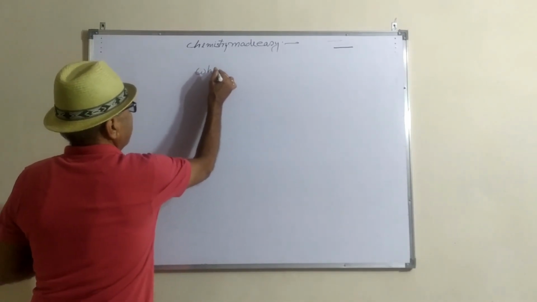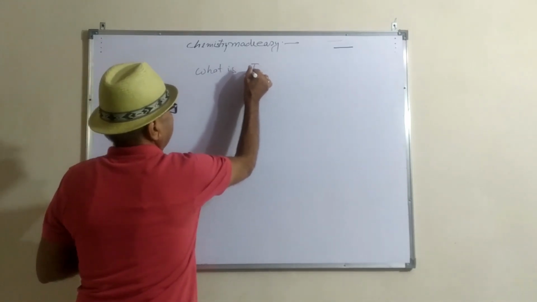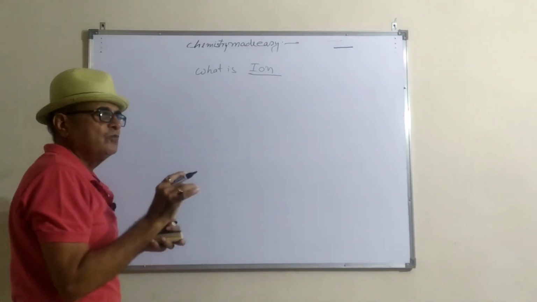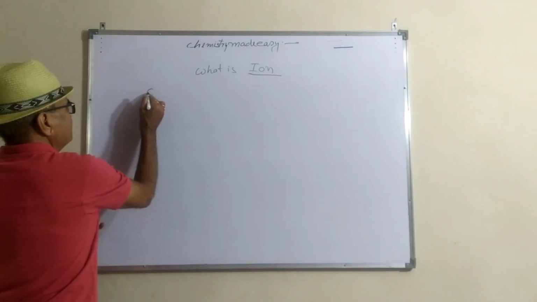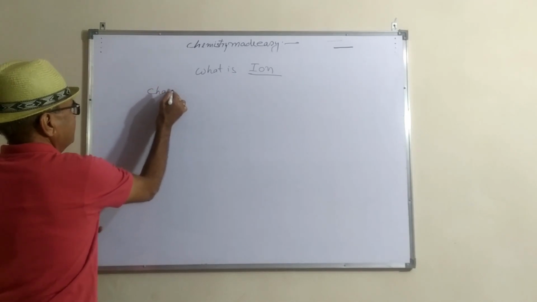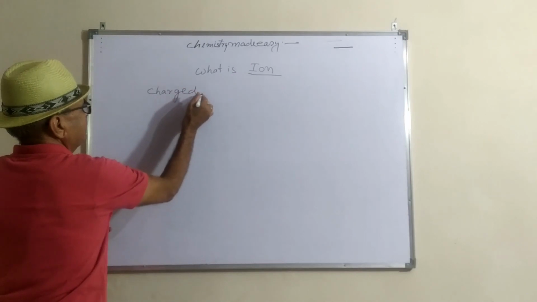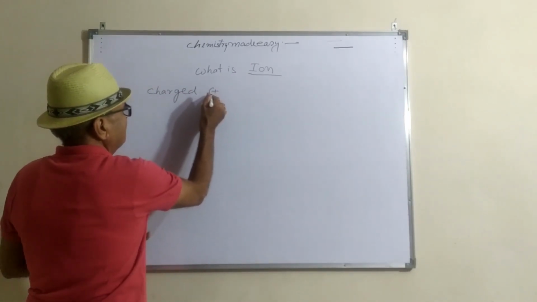The question arises, what is an ion? In a very simple way, you will say: charged, whether positive or negative.